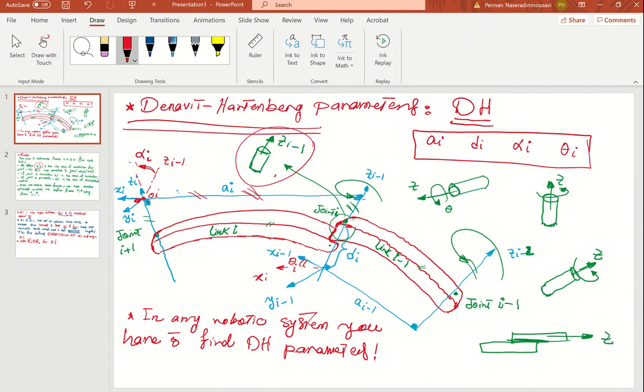Then with the right hand rule, you can establish yi. After having xi, you can measure the angle between zi minus 1 and zi by angle alpha i. So now you have 2 parameters, alpha i and ai. Understand? 2 parameters of the DH. I'm going to give you examples to clarify and practice.